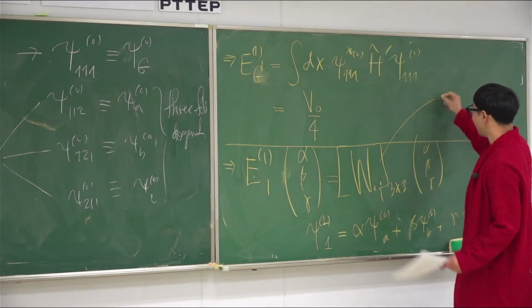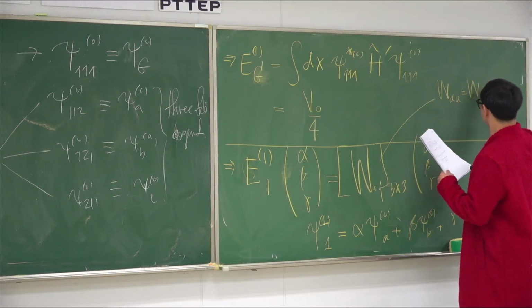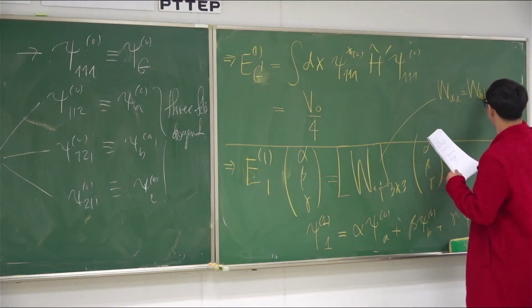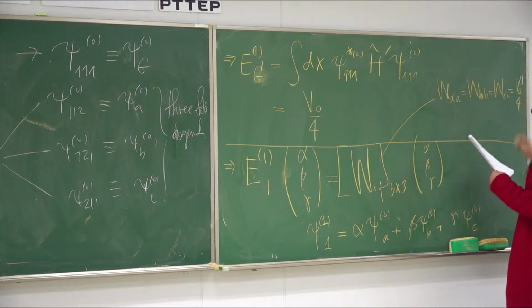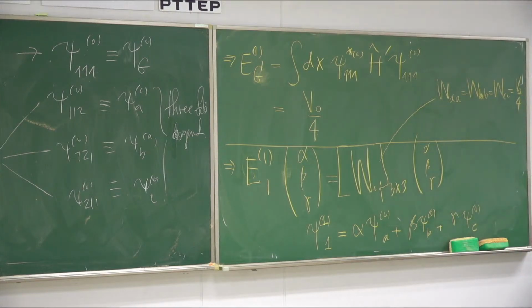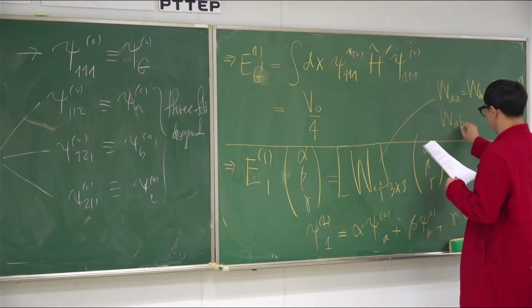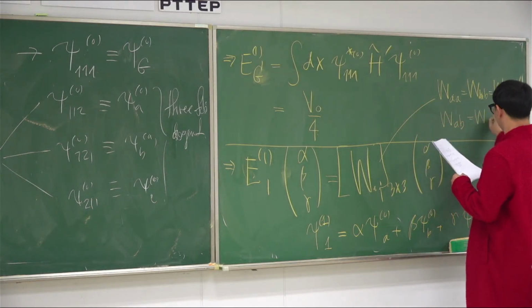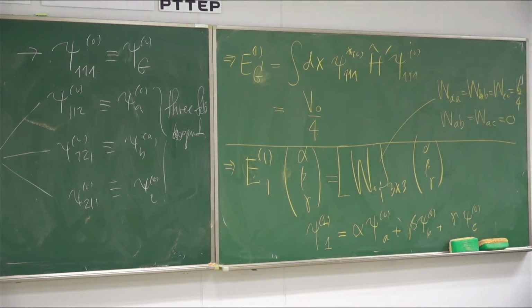You find that for the diagonal, you will get this. Okay, and the off-diagonal will be 0.